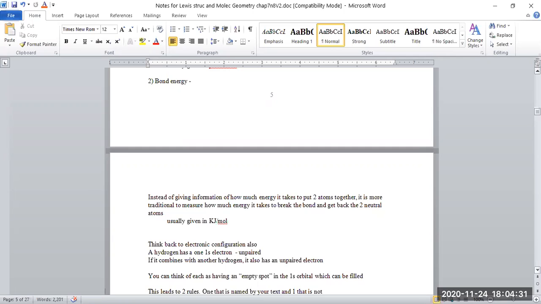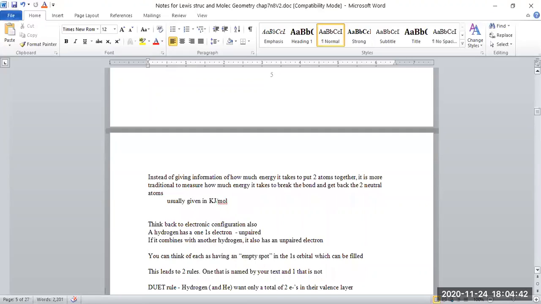So this is sort of tangent information that goes along with some other underlying topics. Since we just finished up electronic configuration, let's return to hydrogen for a moment.